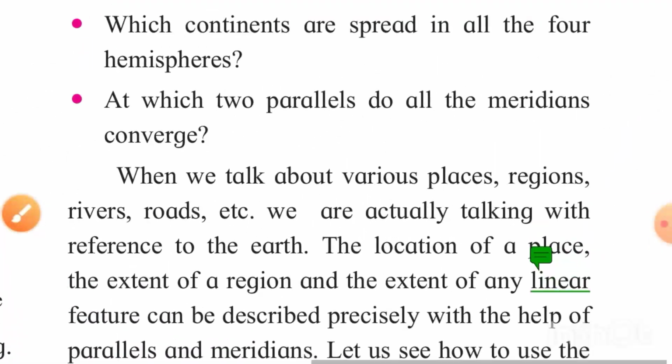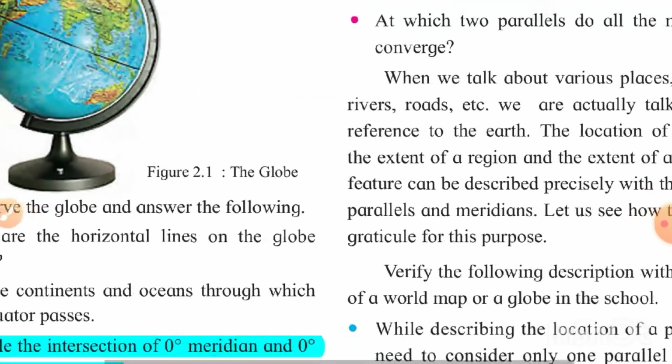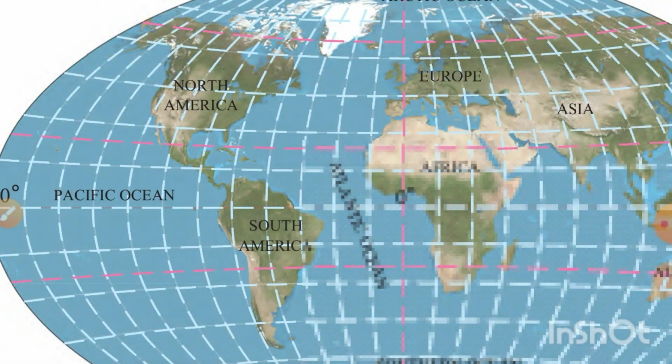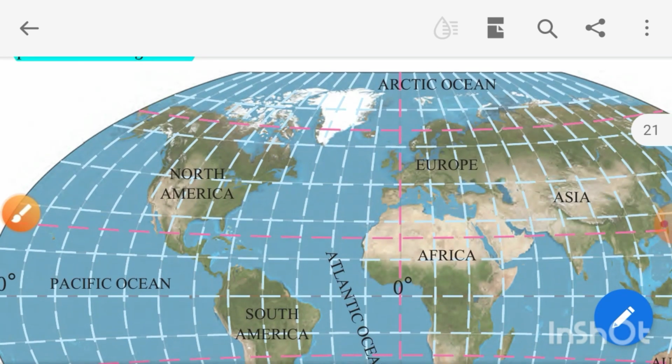Next question, which oceans are spread in all four hemispheres? Okay, the ocean which is spread in all four hemispheres is the Pacific Ocean. You can see the color of water is blue. So the Pacific Ocean is spread all over west, and it's also spread till north.